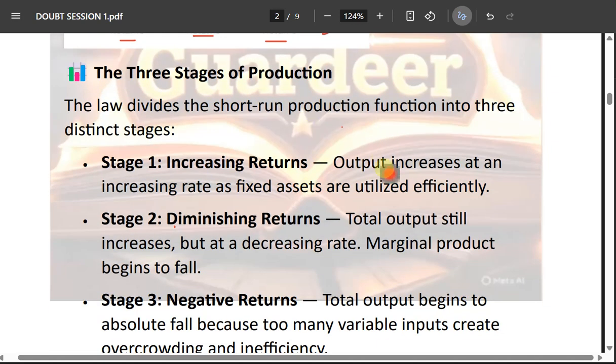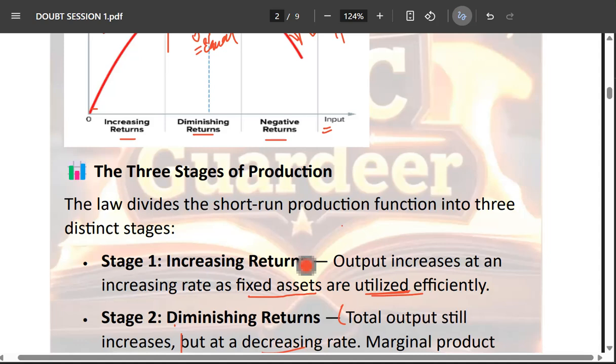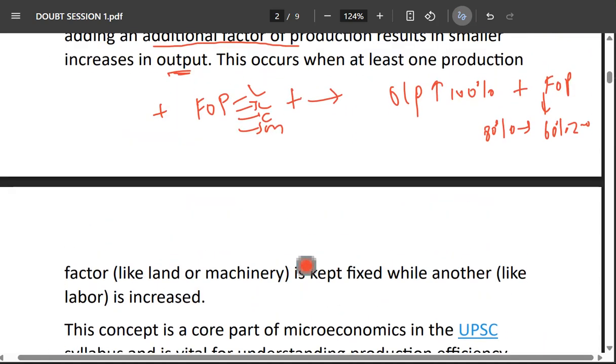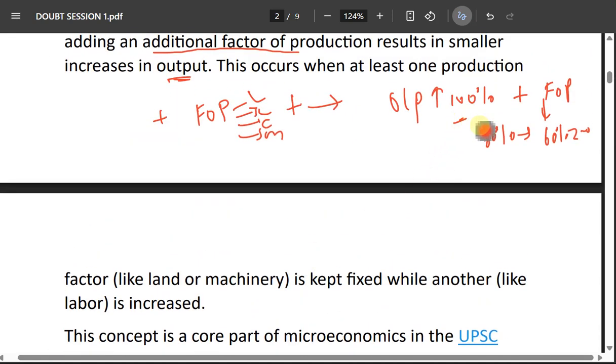Increasing returns: output increases at an increasing rate as fixed assets are utilized efficiently. Fixed assets means machineries, land and all are utilized efficiently. When it comes to diminishing returns, total output still increases, but at a decreasing rate. I told you just before, like first it will be increasing by 100%, then it comes to 80, and so on.